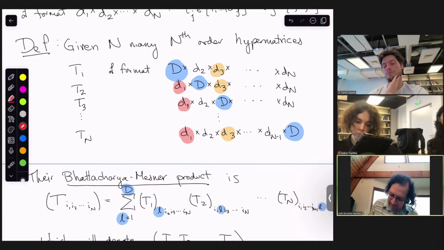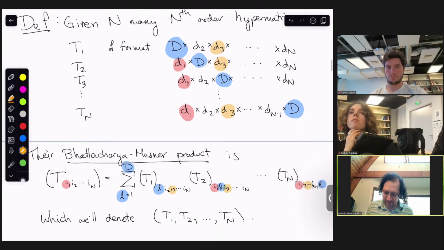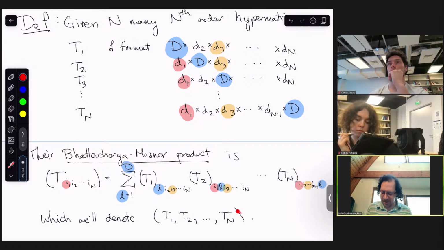To match the highlights with what I did above, these are all that first leg, and for example, these are all that third leg. I'll denote this with brackets, T1 up to Tn. So T1 up to Tn are n many nth order hypermatrices, and when you take their Bhattacharya-Mesner product, you get a new nth order hypermatrix.